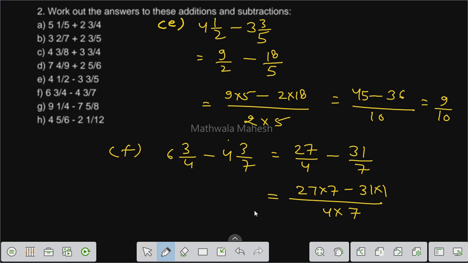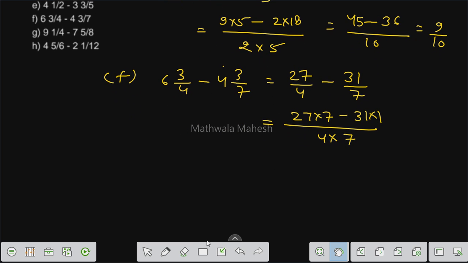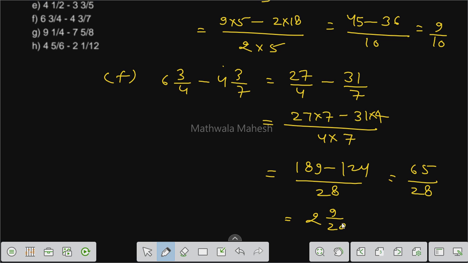So 27 into 7 is 189. 189 minus 31 into 4. 31 into 4 is 124, and 4 into 7 is 28, and 189 minus 124 is 65 upon 28, which is 2 and 9 by 28.